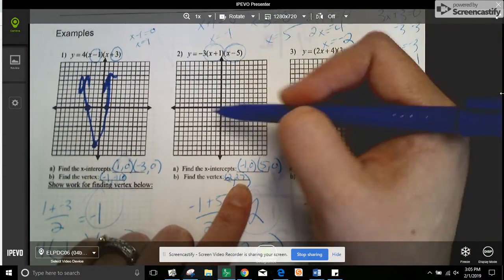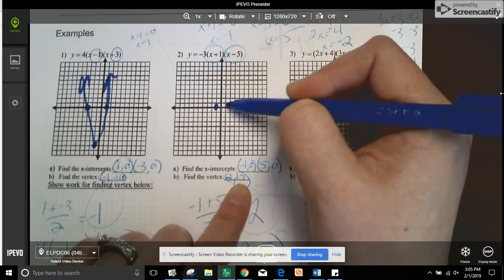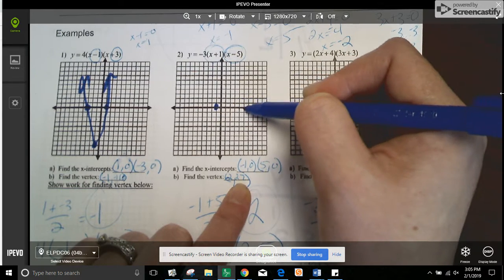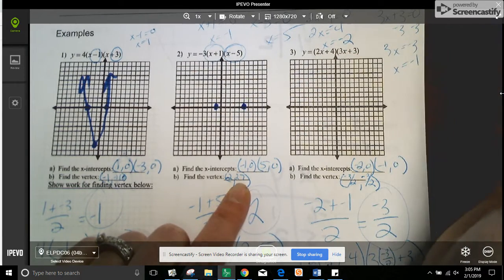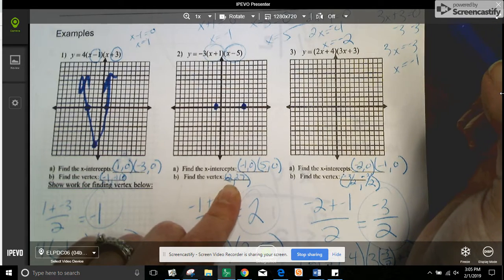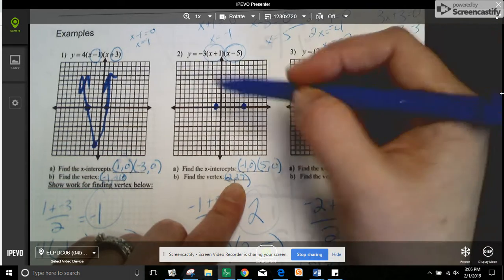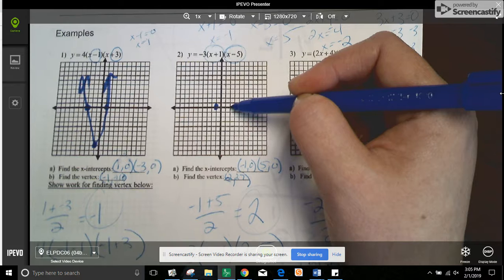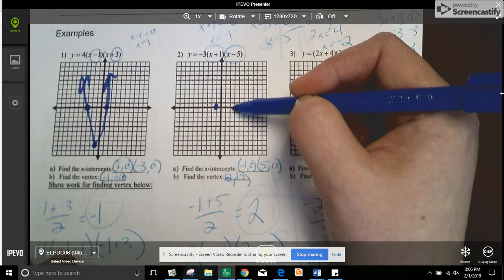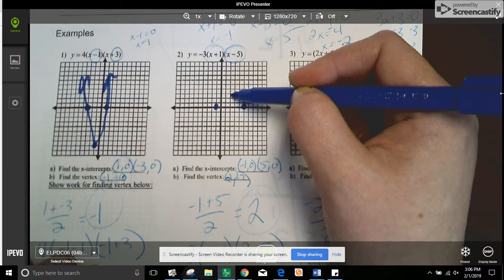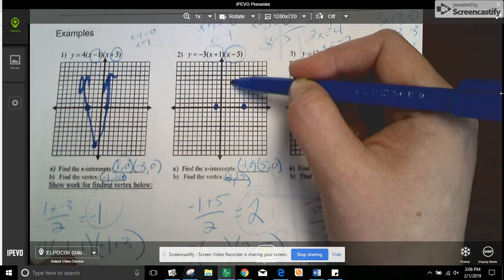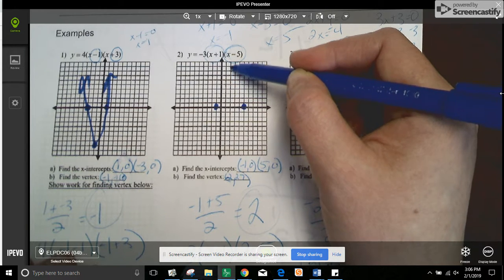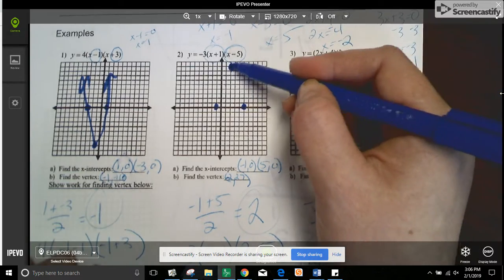And then for the second one, I'm at negative 1, 0, and then 1, 2, 3, 4, 5, 0. And then this one I might count by 3s. So 2, 27. So I'm going to go over 2, and then I might go by 3s. So 3, 6, 9, 12, 15, 18, 21, 24, 27.